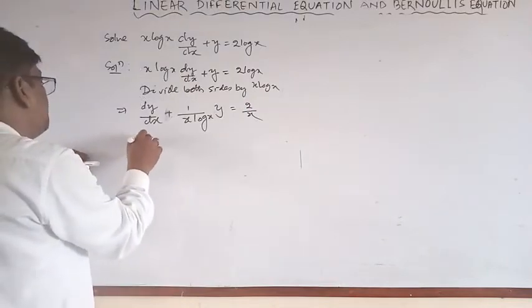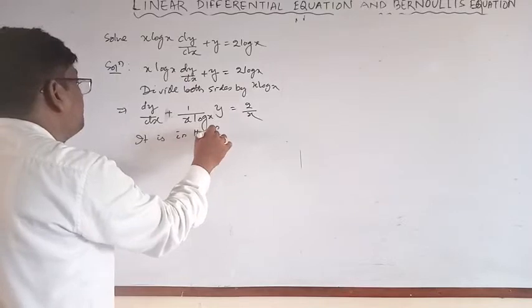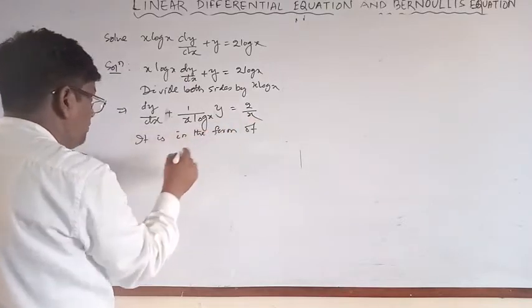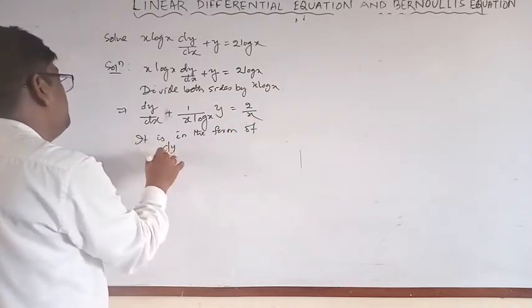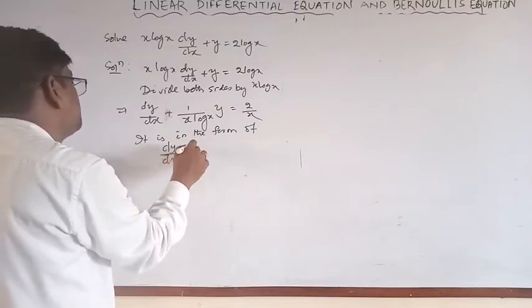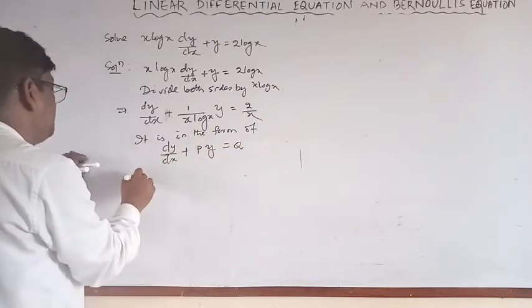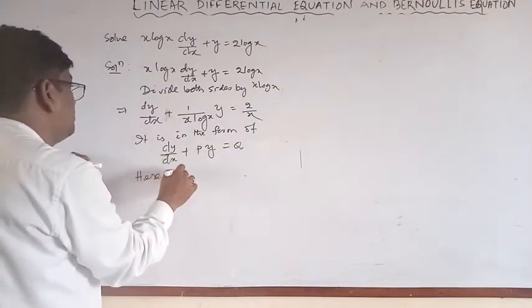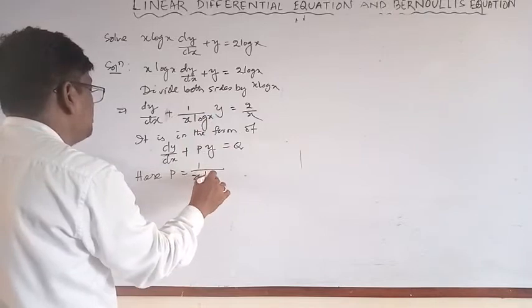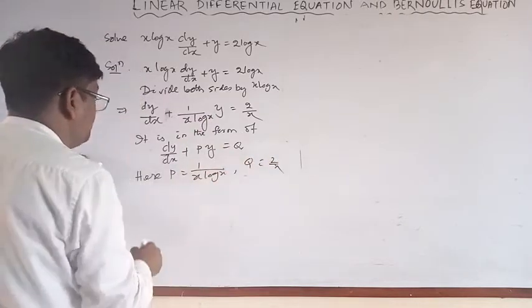It is in the form of dy by dx plus p into y is equal to q. Here p is equal to 1 by x into log x, q is equal to 2 by x.